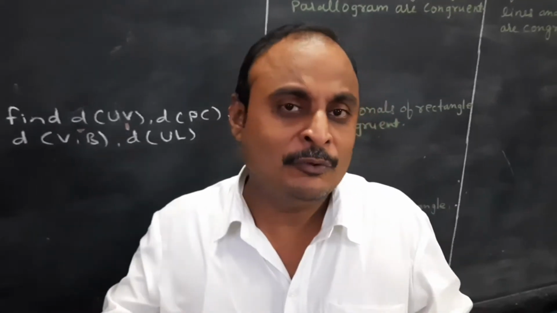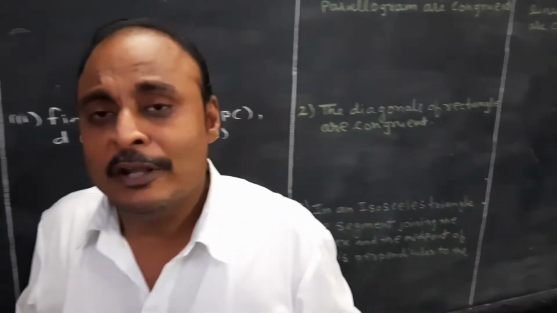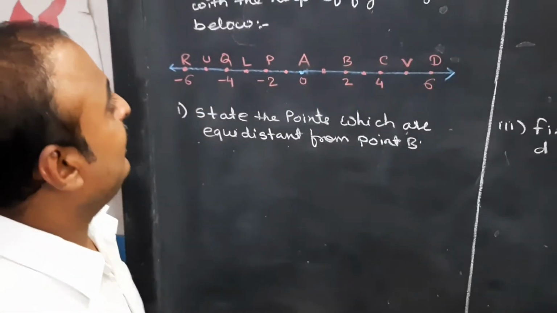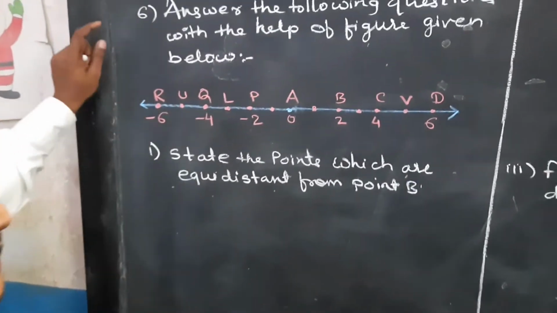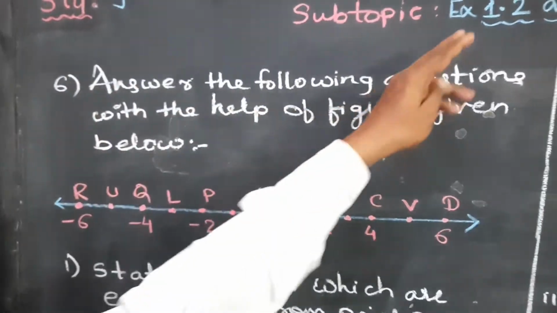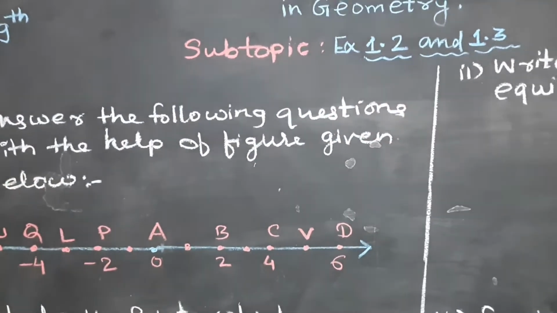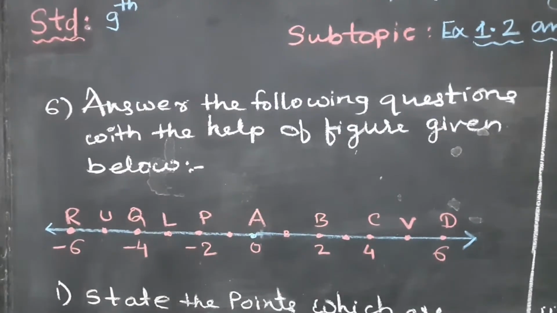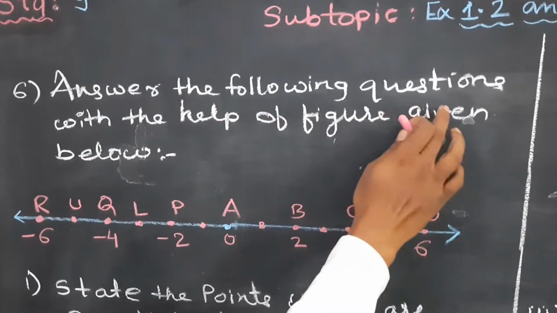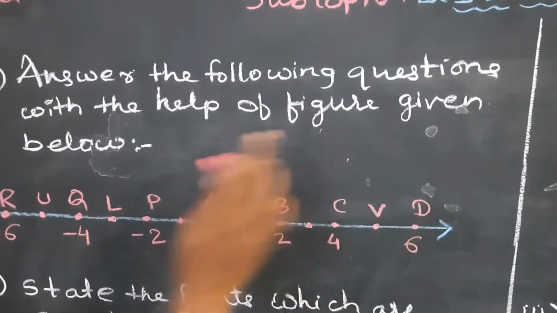As I always used to tell in every video, today we are going to start the next part of basic concepts in geometry. Now, only one question was remaining in your exercise 1.2, and that was question number 6. The question says: answer the following questions with the help of the figure given below.